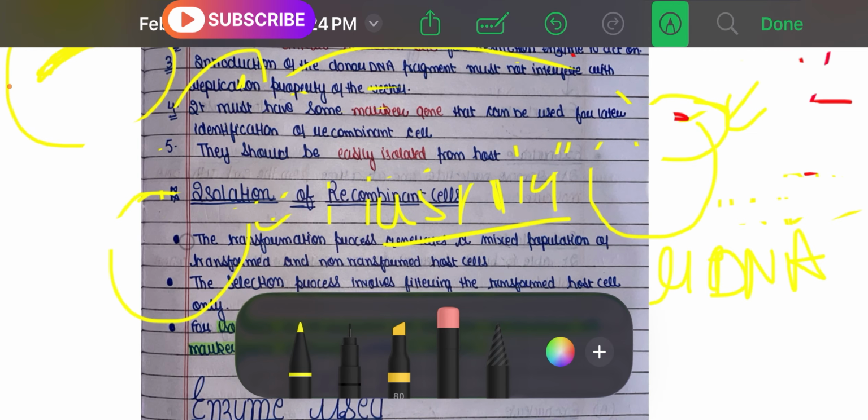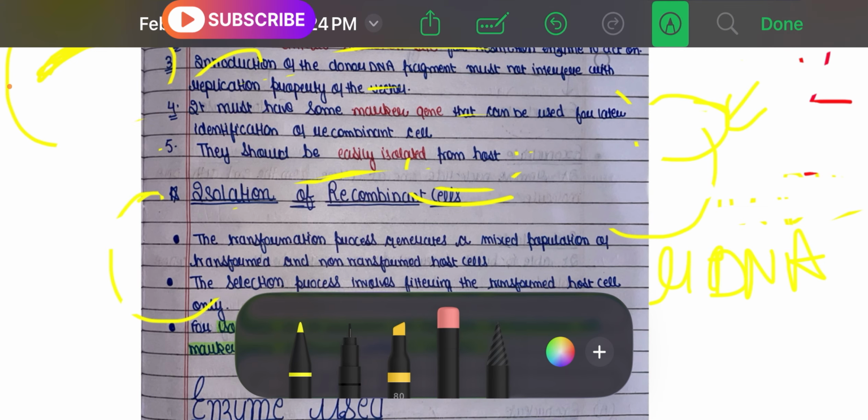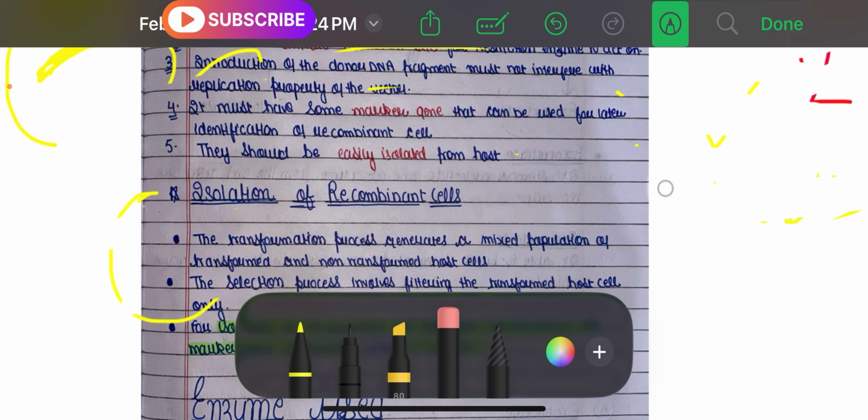Clear? Now, second is that it must be easily isolated. If my plasmid has my gene of interest, that plasmid must be easily isolated from the host. Clear? So these are all the properties that the plasmid must have.